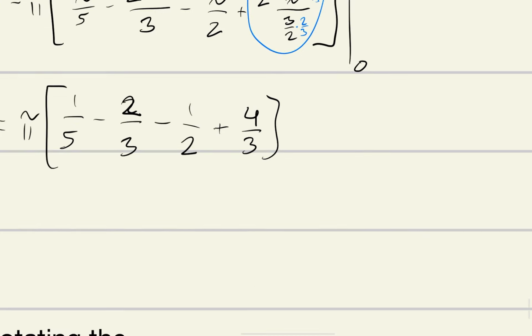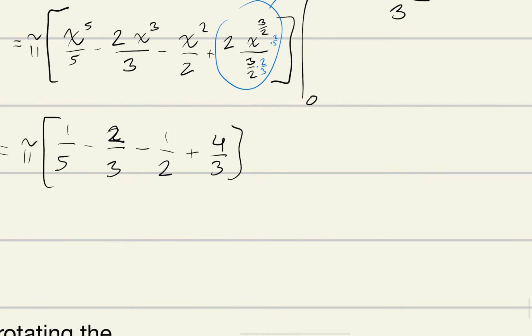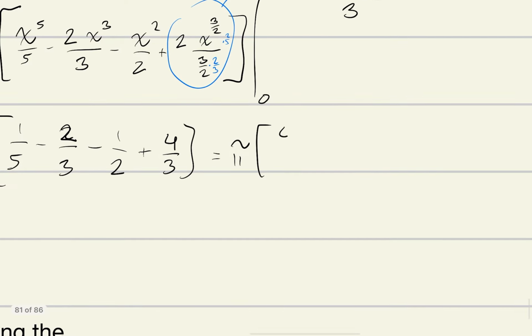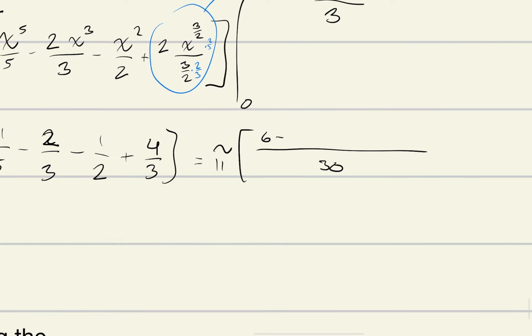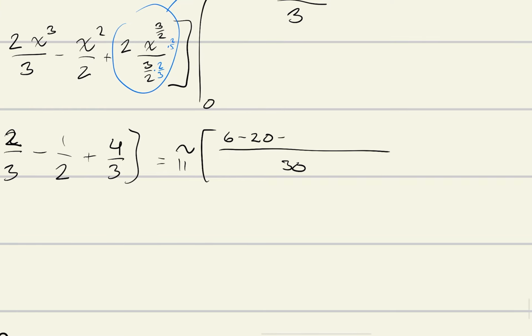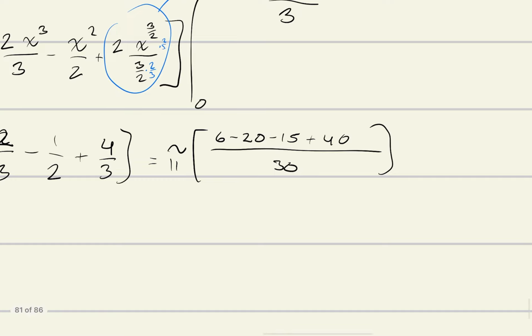The common denominator is 30, so we'll have pi times 6 over 30, minus 20 over 30, minus 15 over 30, plus 40 over 30.